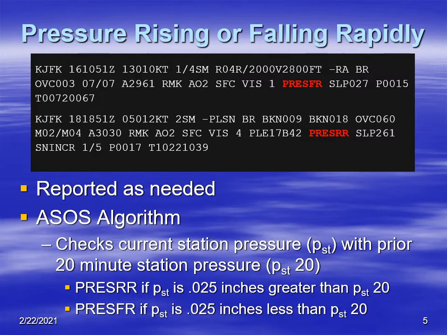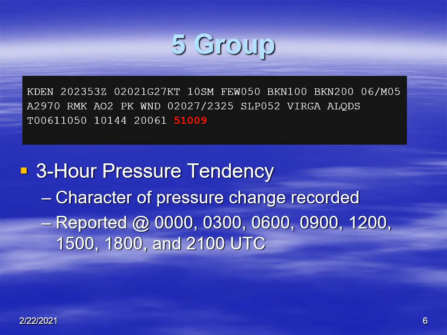Pressure rising rapidly is indicated as a remark in the METAR if the station pressure is 0.25 inches greater than it was 20 minutes before, or pressure falling rapidly is indicated and put into the remarks section if the current pressure is 0.025 inches less than it was 20 minutes prior.